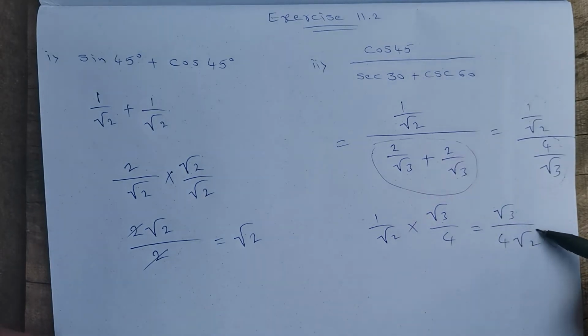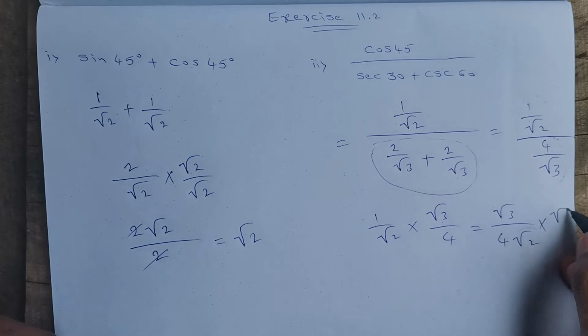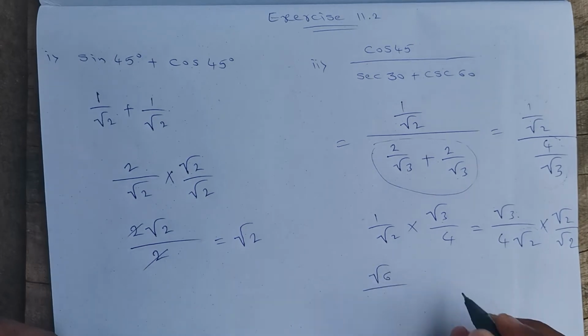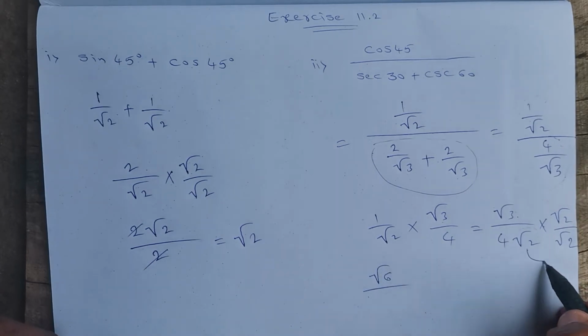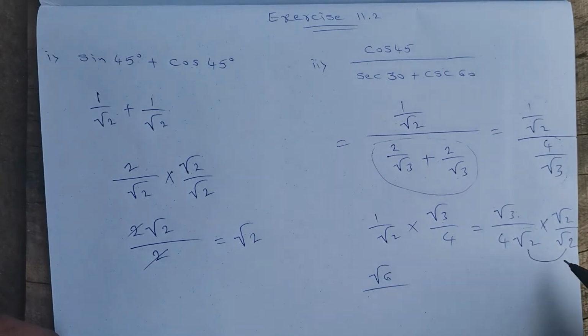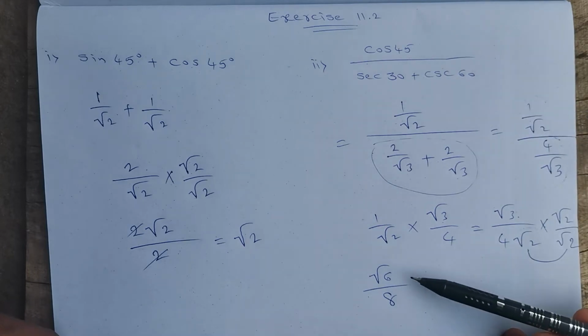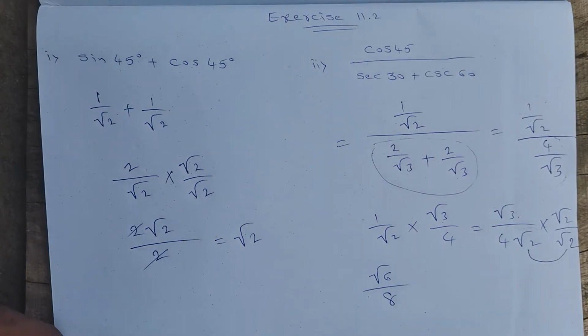Again here also same, in the denominator we have an irrational number, so we don't want that irrational number, so that's why I'll multiply this total by root 2 by root 2. Root 3 into root 2, root 6, divided by, here root 2 into root 2 is 2, 2 into 4, 8. So the value of cos 45 divided by secant 30 plus cosecant 60 is root 6 divided by 8.